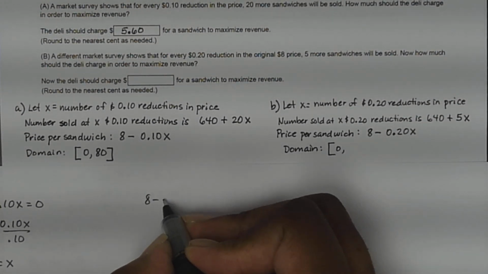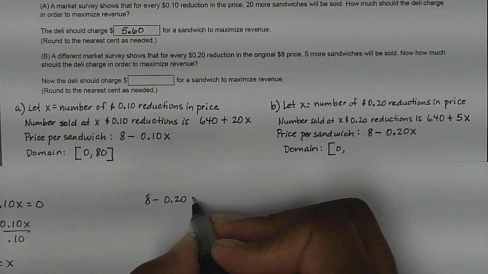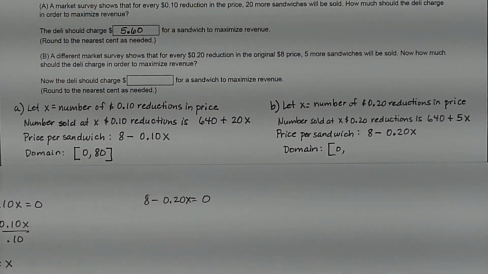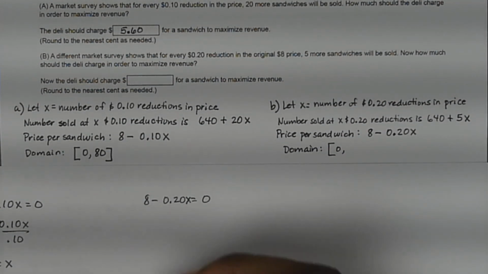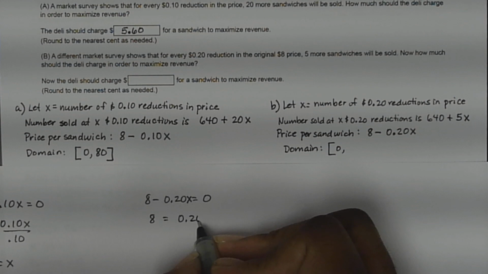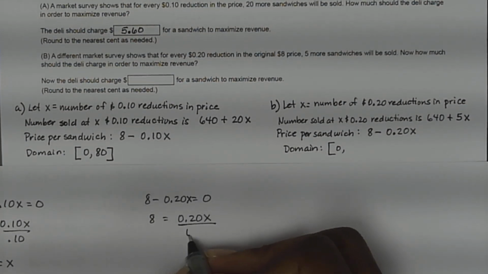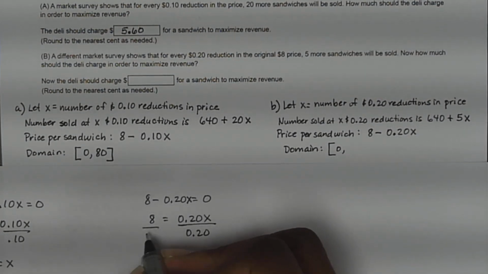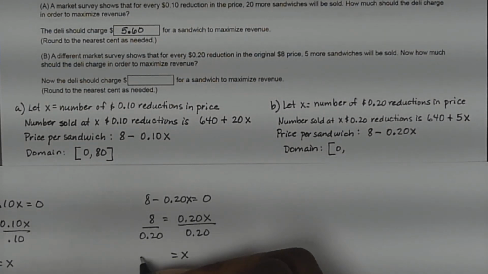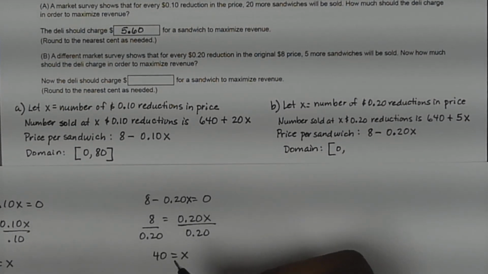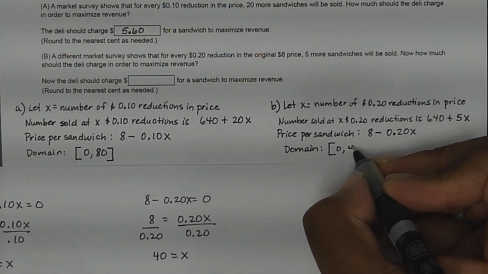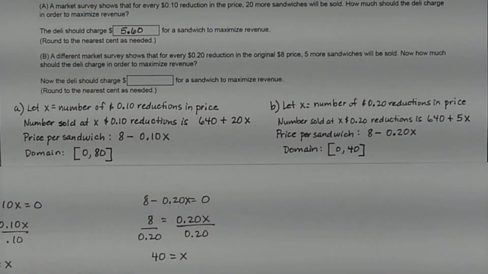So if I take 8 minus 0.20x and set that equal to 0, this would be 8 is equal to 0.20 times x. Divide both sides by 0.20. This would be x is equal to 40. Okay, so the domain is going to be from 0 to 40.